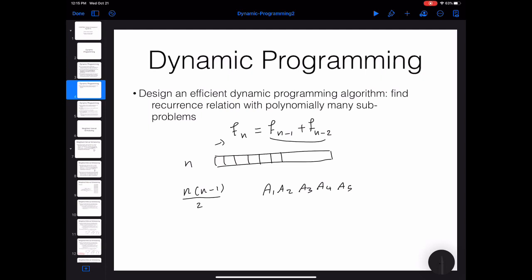this main problem is of size n. Then the subproblems that you can have are, for example, what is the best multiplication from a1 to an, what is the best multiplication from a2 to a5, what is the best way to multiply from a1 to a3, what is the best way to multiply from a2 to a4.